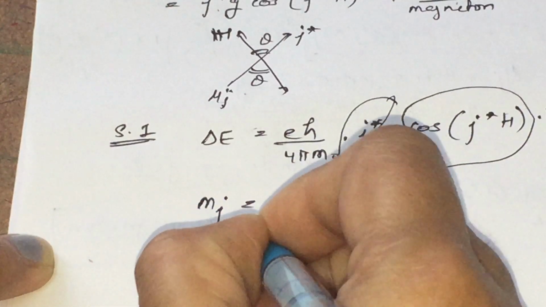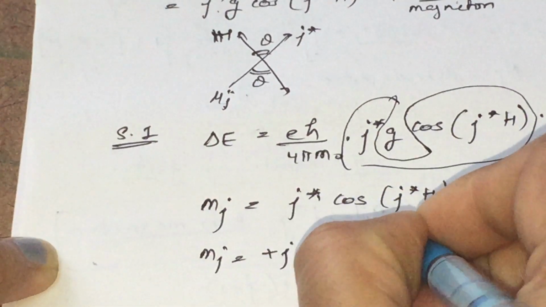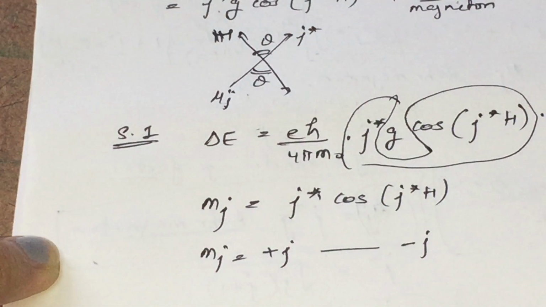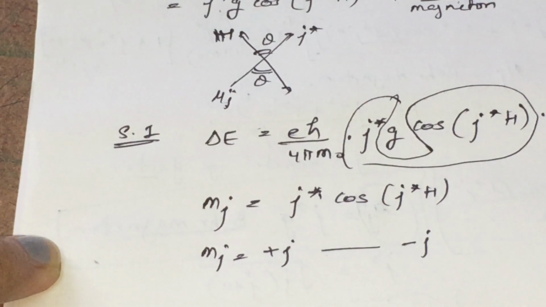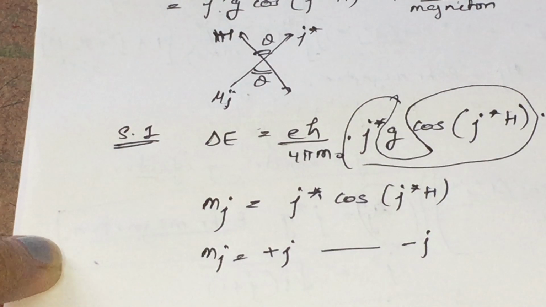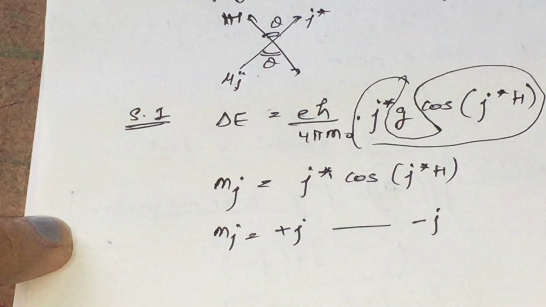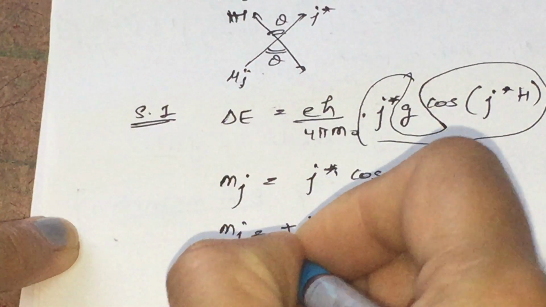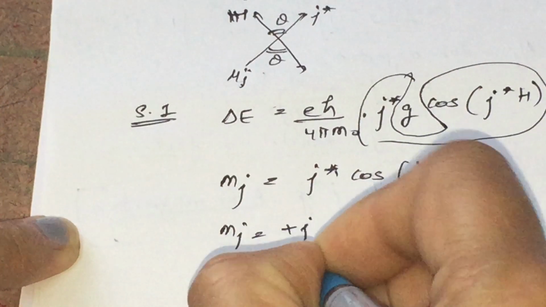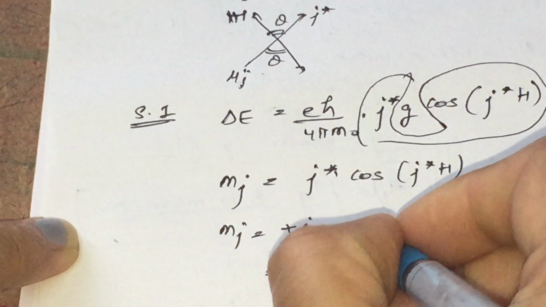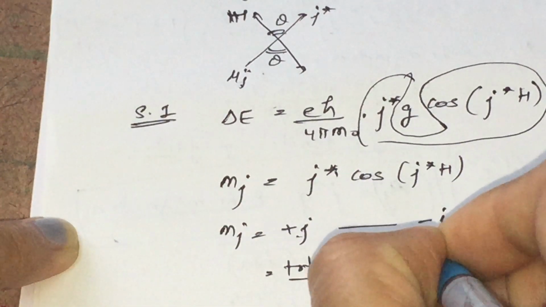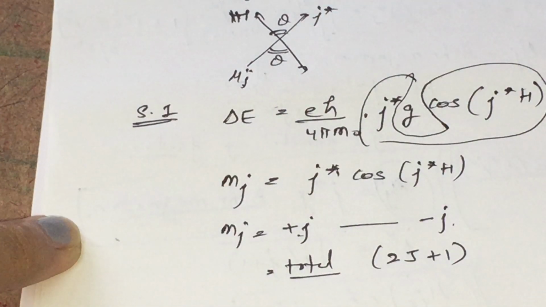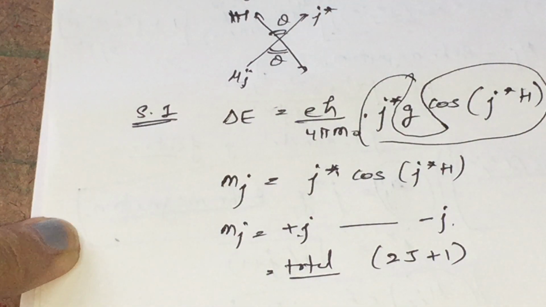This is our total magnetic quantum number, which is given by J star cos of J star H, and mj varies from plus J to minus J. If J is an integer, it includes 0, and if it is half integral we will not consider the value 0. And mj has total values from plus j to minus j. We will have 2j plus 1 total values of mj.